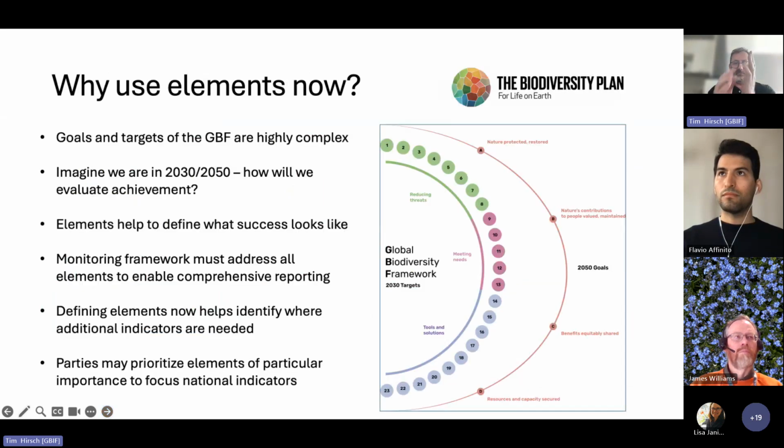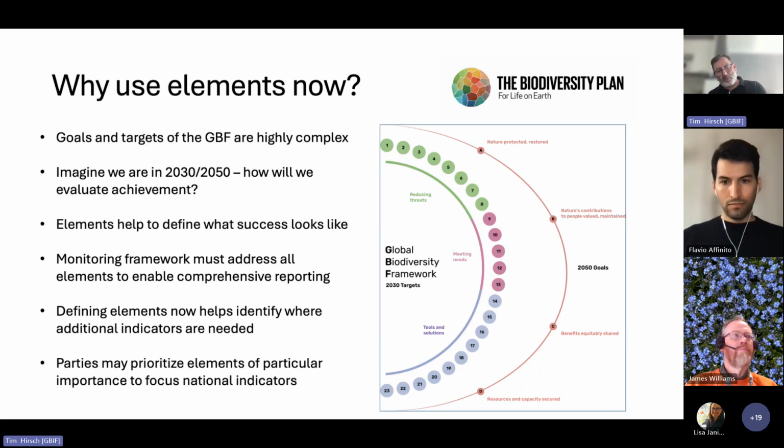So as we take this to the present situation, what's the purpose of dividing up these targets and goals into elements now, given that that was something which only happened about halfway through the decade leading up to 2020? Well, for a start, as James has pointed out, the wording of the goals and the targets are in many cases highly complex.